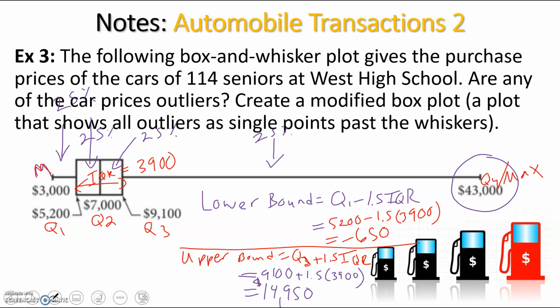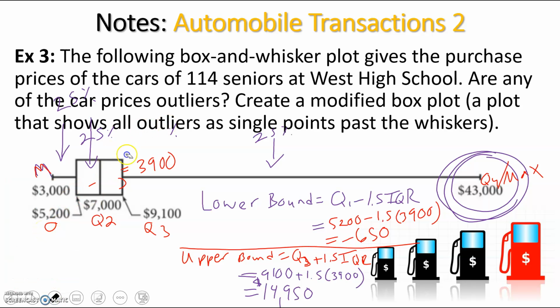So then the question is, do we have a car that falls outside of this range? And we definitely do. We see this maximum here, that $43,000 car falls outside of the range. So what we're going to do now is we're going to create what's called a modified box plot. Okay, so I am going to erase some of this just to give us some space.